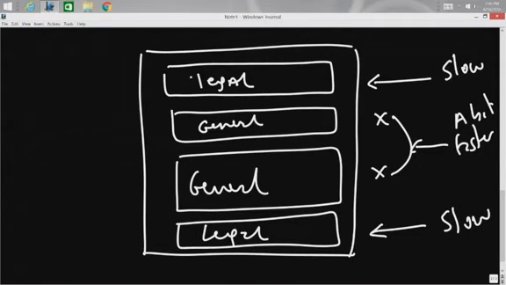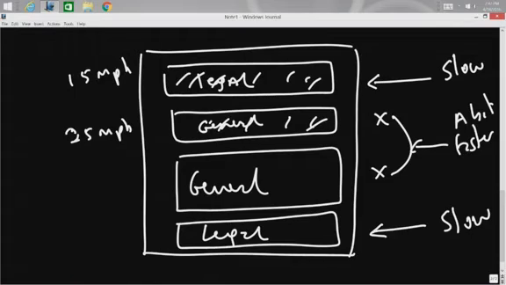If while going through this neighborhood you are driving at 15 miles per hour, that doesn't mean you have to drive 15 miles per hour in this neighborhood that is general. Maybe you can go at 25 miles per hour and it's okay. And maybe here also 25 miles per hour. And maybe here in legal, you're going to bring it down to maybe 10 miles per hour because it's very convoluted. The speed at which you render this, the pace, is directly proportional to how convoluted the structure is.